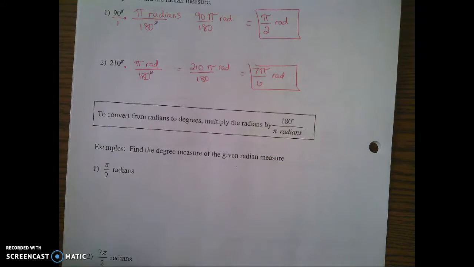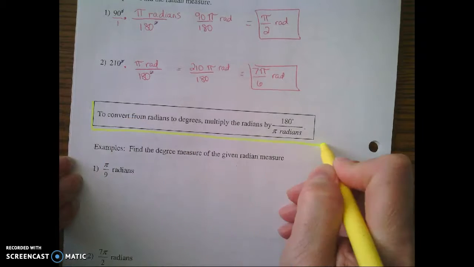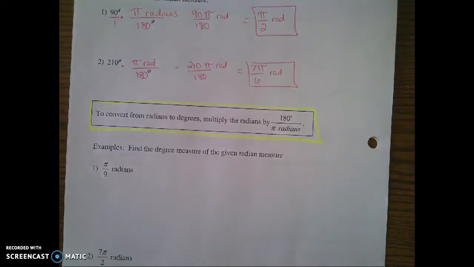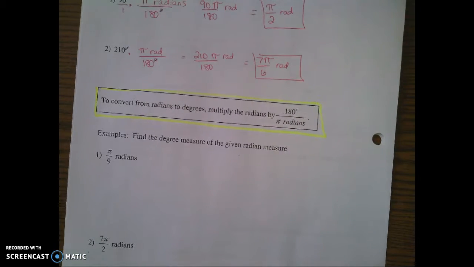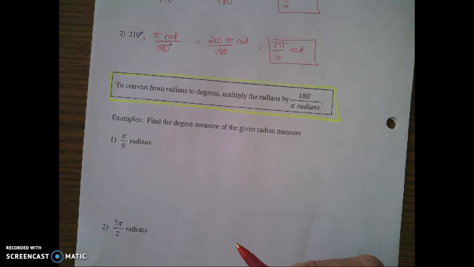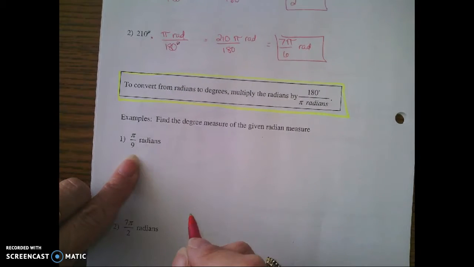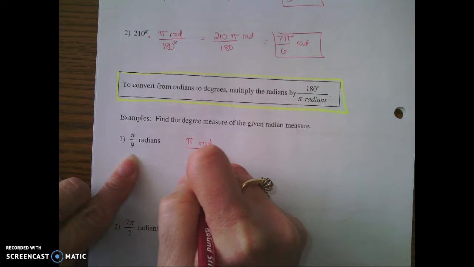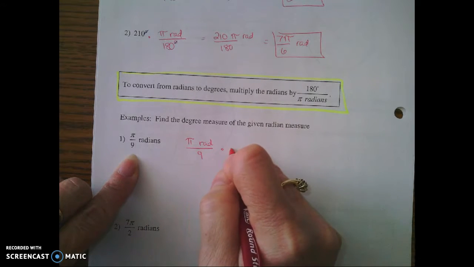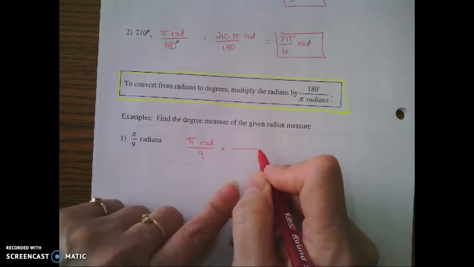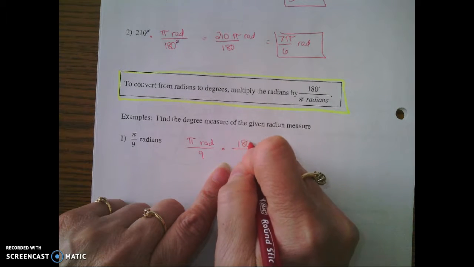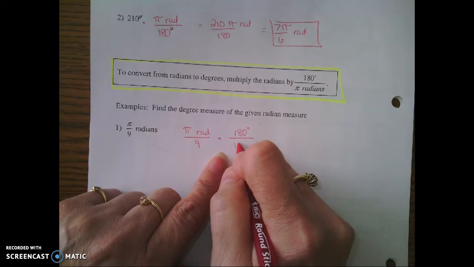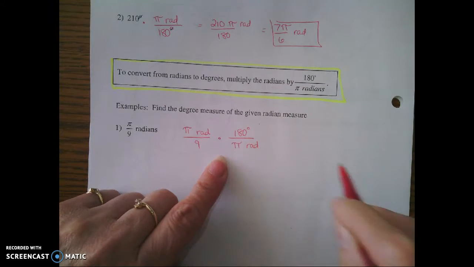So if you wanted to convert from radians to degrees, you're going to multiply by 180 degrees over pi radians. So again, this value here, I can rewrite this as pi radians over 9. And since radians is in the numerator, I need radians in the denominator. So my conversion is 180 divided by pi radians.